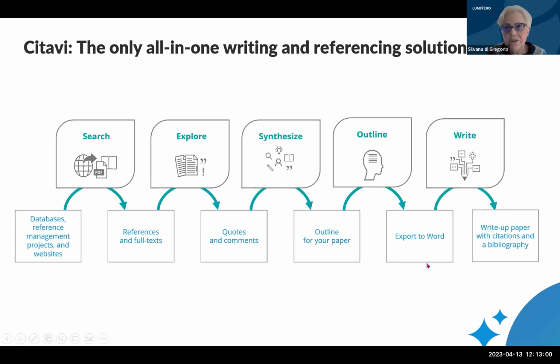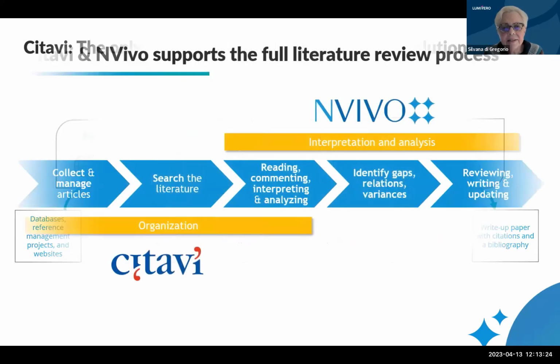But you'd have the quotes, you'd have your summaries, and it's all linked to and cited to the literature that you have. So that's when we call it the all-in-one writing and referencing solution, that's what we mean. It's more than just collecting the stuff and organizing it in some way. You're starting to reflect and think in it. So if we can get the next slide, Stacy.